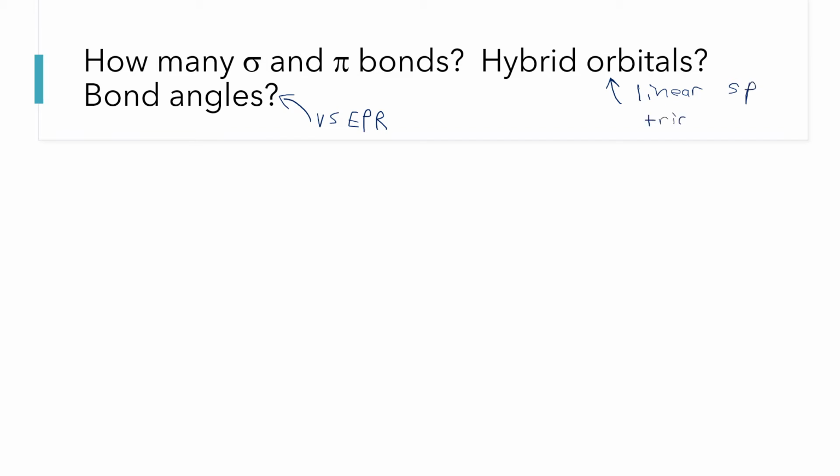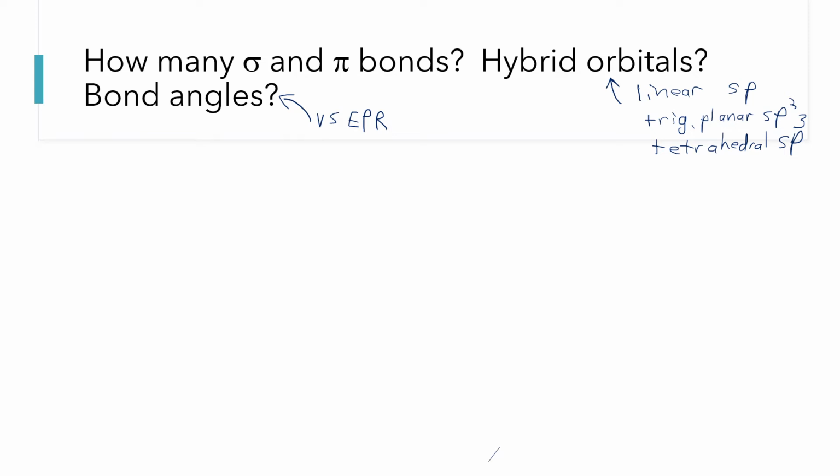Trigonal planar VSEPR structure is going to be sp2, and tetrahedral VSEPR structure is going to be sp3. In fact, when you get into organic chemistry, they're going to talk tetrahedral and sp3 interchangeably, trigonal planar and sp2 interchangeably, and linear and sp interchangeably.